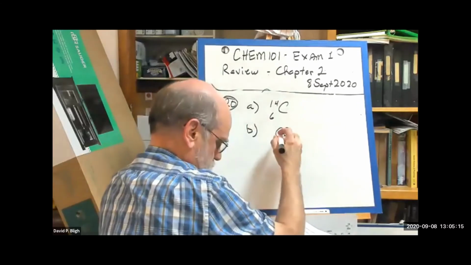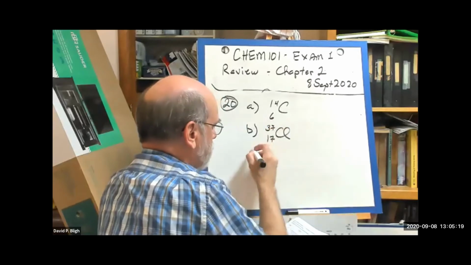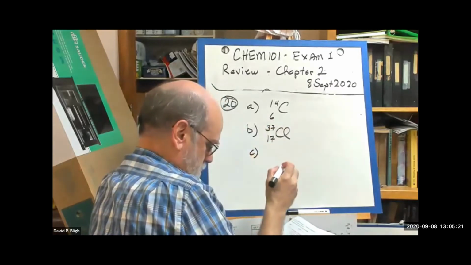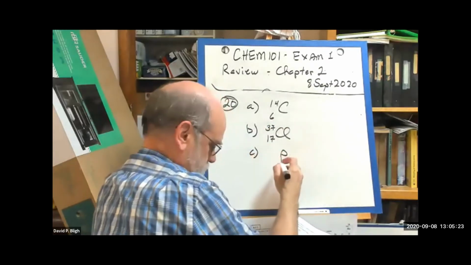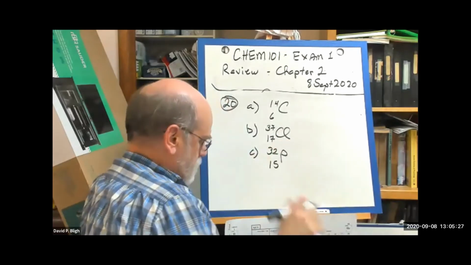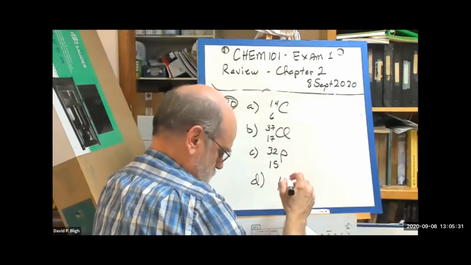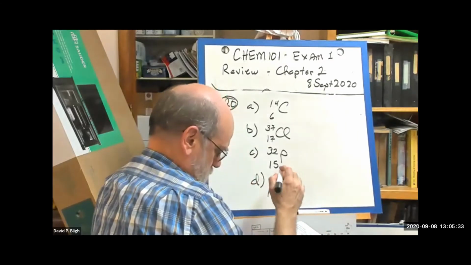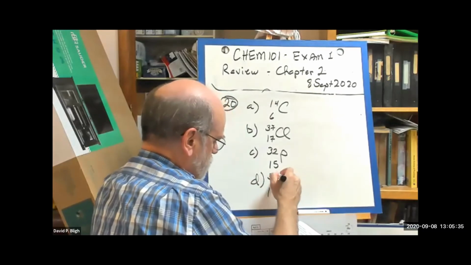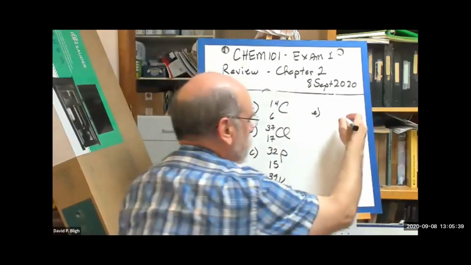Chlorine, 17, 37. Phosphorus, 15, 32. Potassium, 19, 39. And I put nitrogen over here.